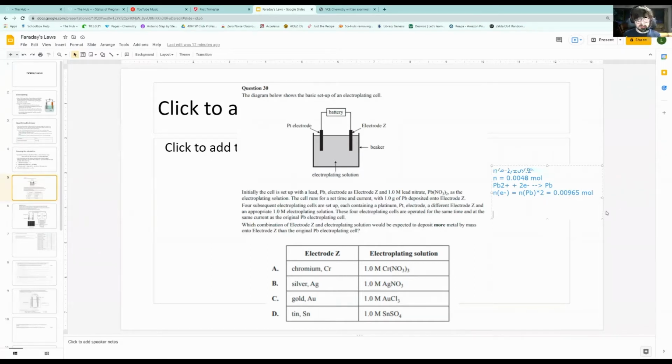All right, so let's do chromium first. So we can see that chromium's 3. I'm going to do this in one hit just to make it a bit faster. The mass of chromium is going to be the amount of electrons. I'm basically doing 2 steps here. Because the charge is 3, I'll have to divide this by 3. And then I'll take that and multiply it by the molar mass of chromium.